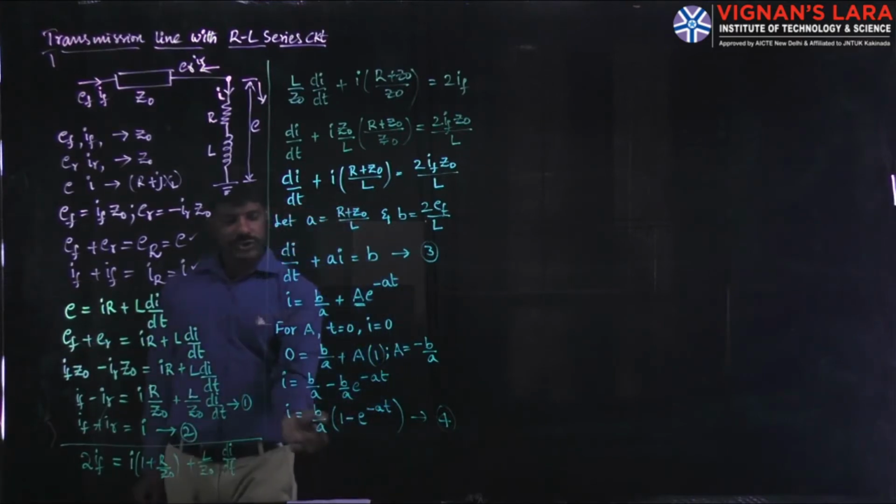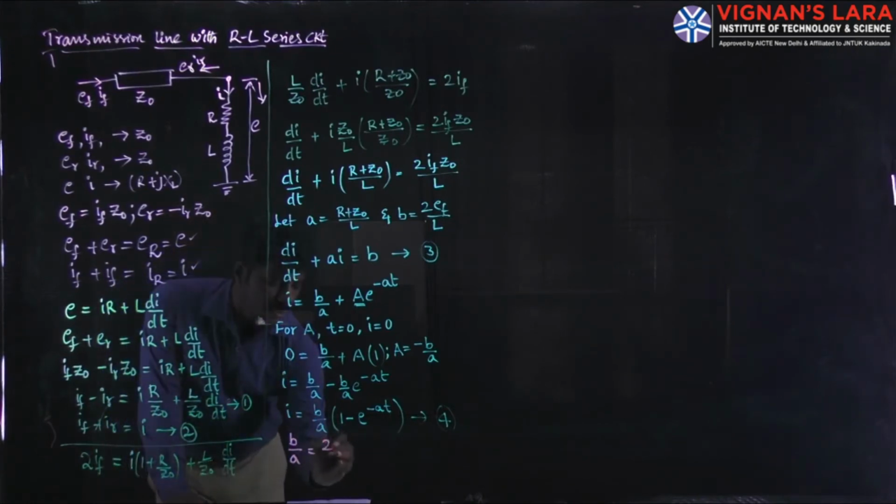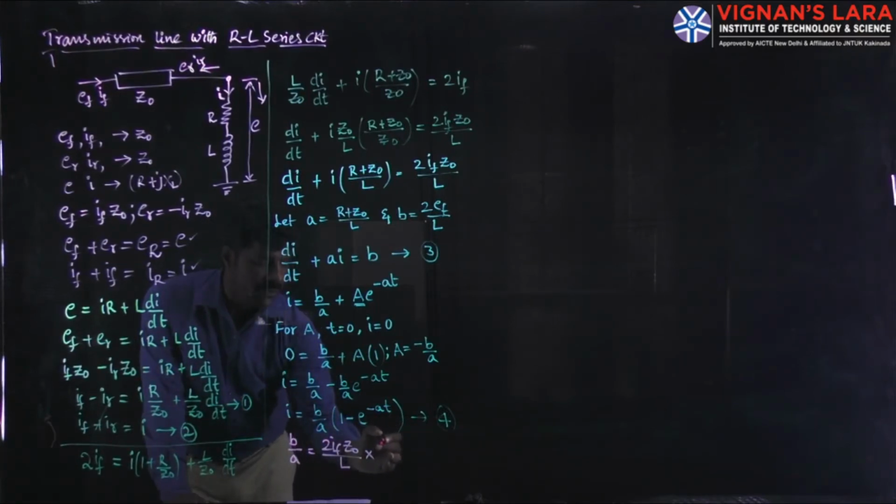In the current solution, there is a ratio of B to A. We know the A and B values separately. Take the ratio of those two. B by A is equal to Z naught by L divided by A. The A value is R plus Z naught by L. As it is 1 by A, we can write that as L by R plus Z naught.